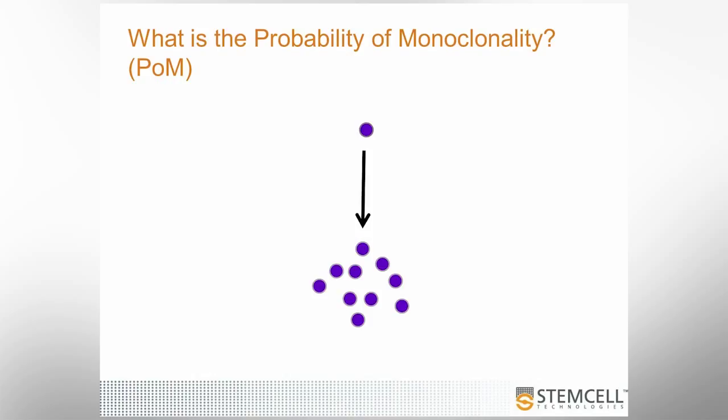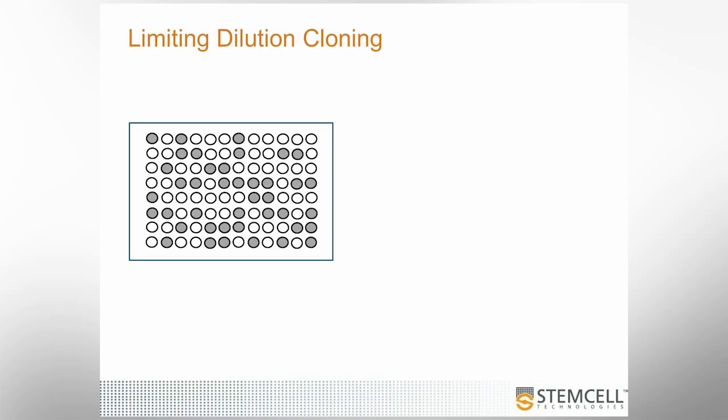And I'll be using this as a way to look at how well each cloning method is able to isolate monoclonal cultures. So let's take a look at the probability of monoclonality for limiting dilution cloning.